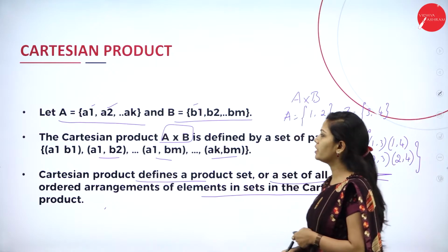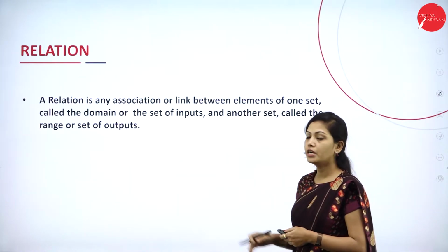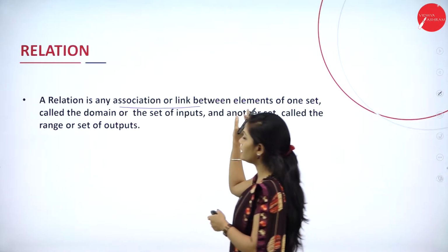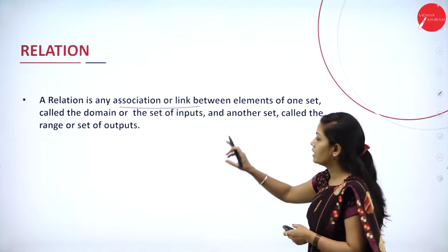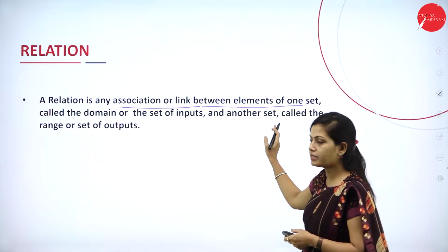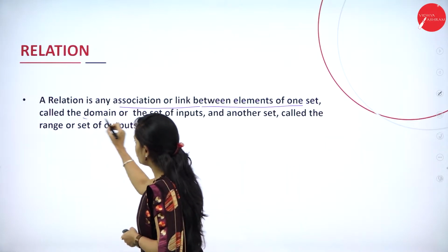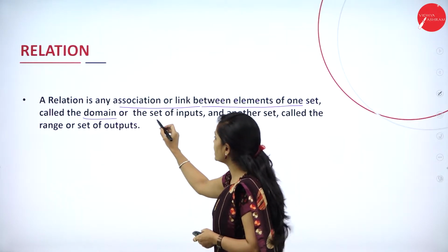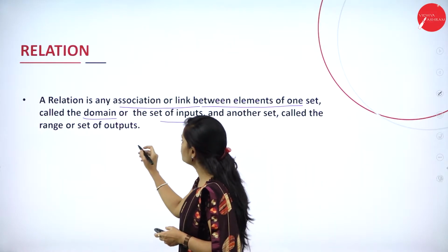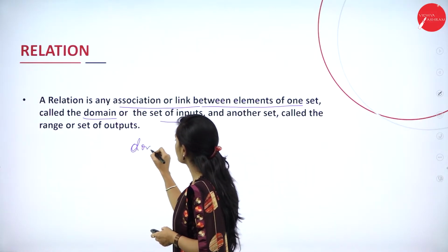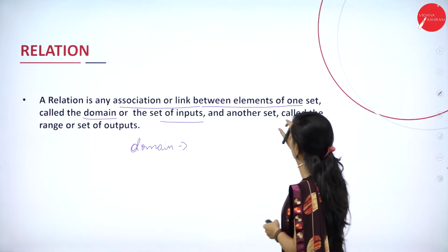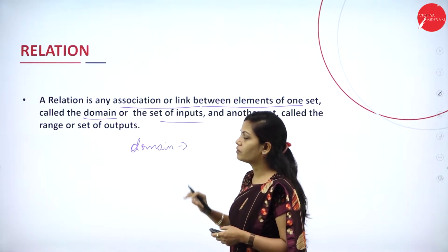So what is the meaning of relation? A relation is any association or link between elements. It is a link between elements of one set called the domain, or the set of inputs, and another set called the set of outputs.